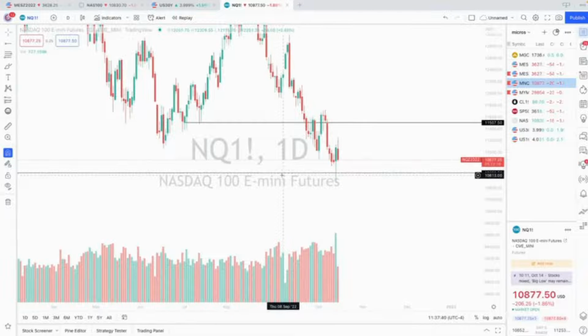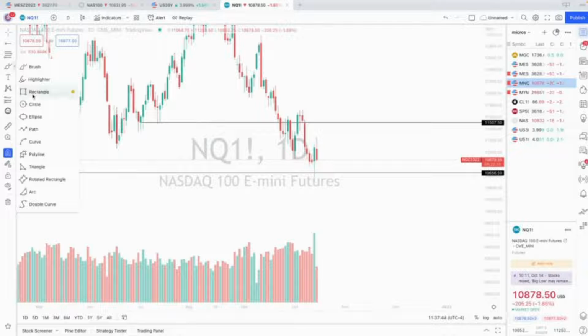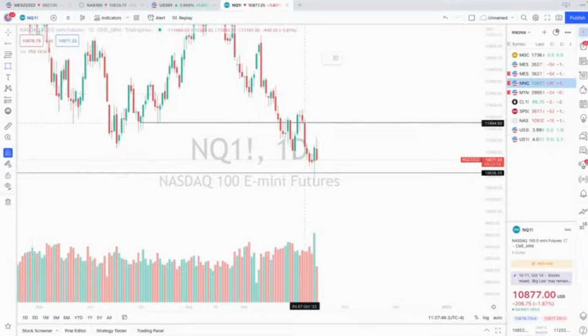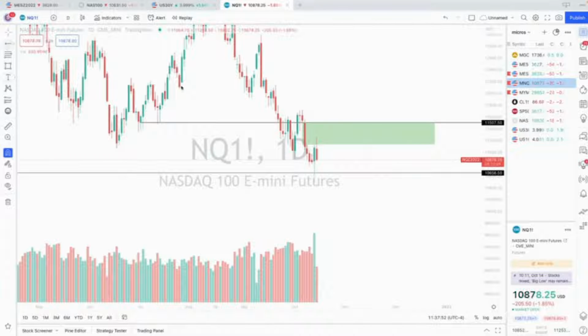And now we've got fair value gaps, liquidity voids. We've got another order block here.